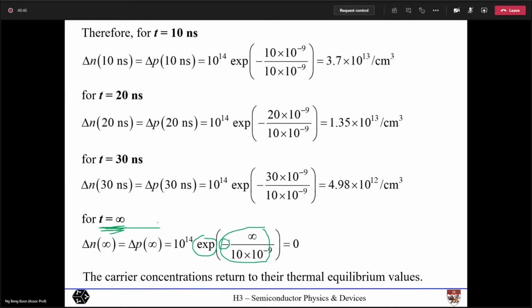So when time goes to infinity, your excess carrier concentration disappears, which is what you expect. Once the external source is gone, the carrier concentration drops back to the thermal equilibrium case, where delta N, delta P will be equal to 0.